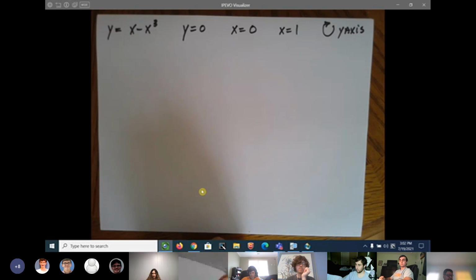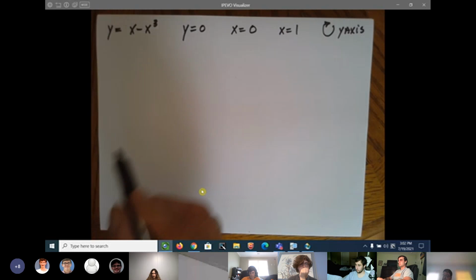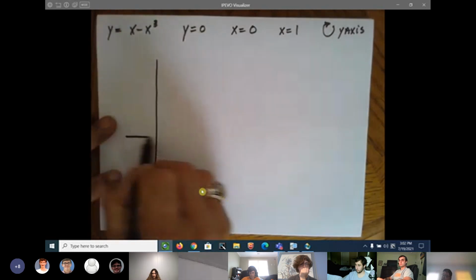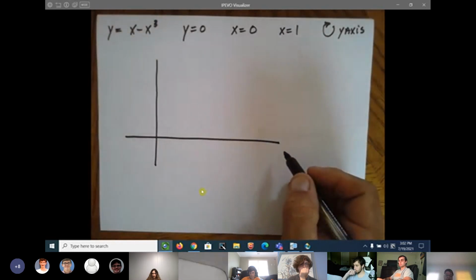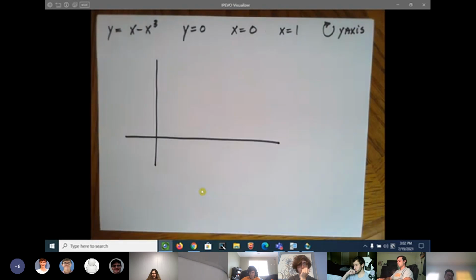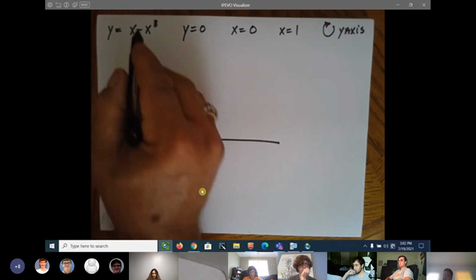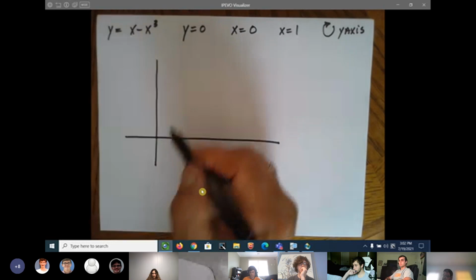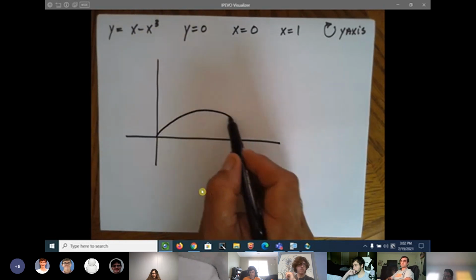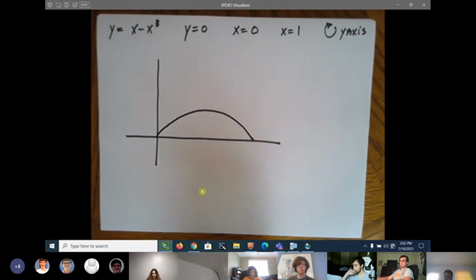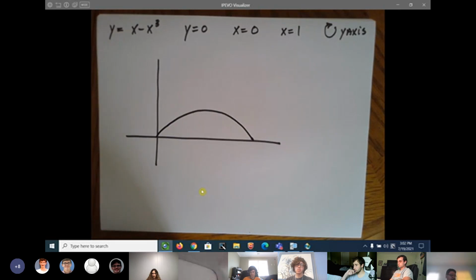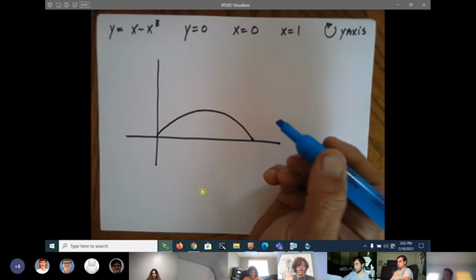So, I would say probably you're talking y is equal to 0, or the function, this right here, x, that's negative, so it's concave down. So I'd say it looks something like that. And we've got x is equal to 1.